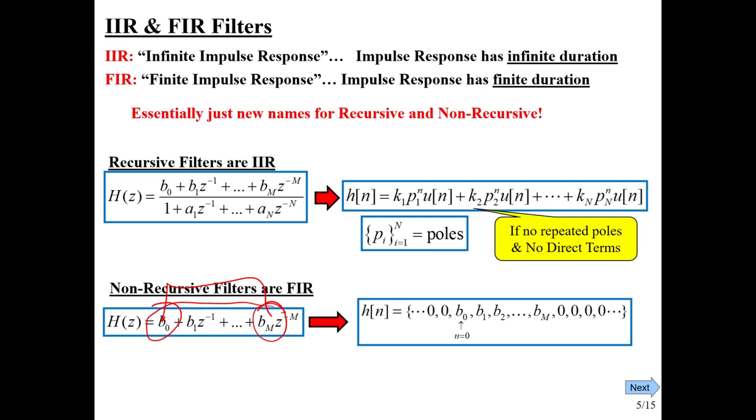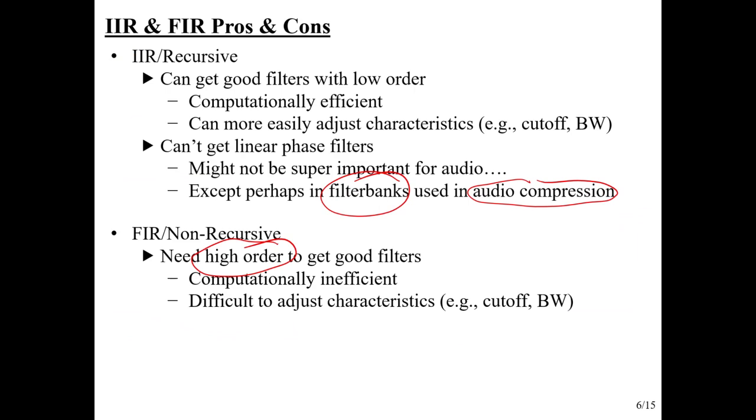As the order goes up, the number of coefficients goes up as well. And as that number of coefficients goes up, in order to compute the output, we need to do that many multiplies and almost that many adds. So as we try to get a better filter, we need a higher order FIR filter, and that will increase the number of multiplies and adds that we have to do.